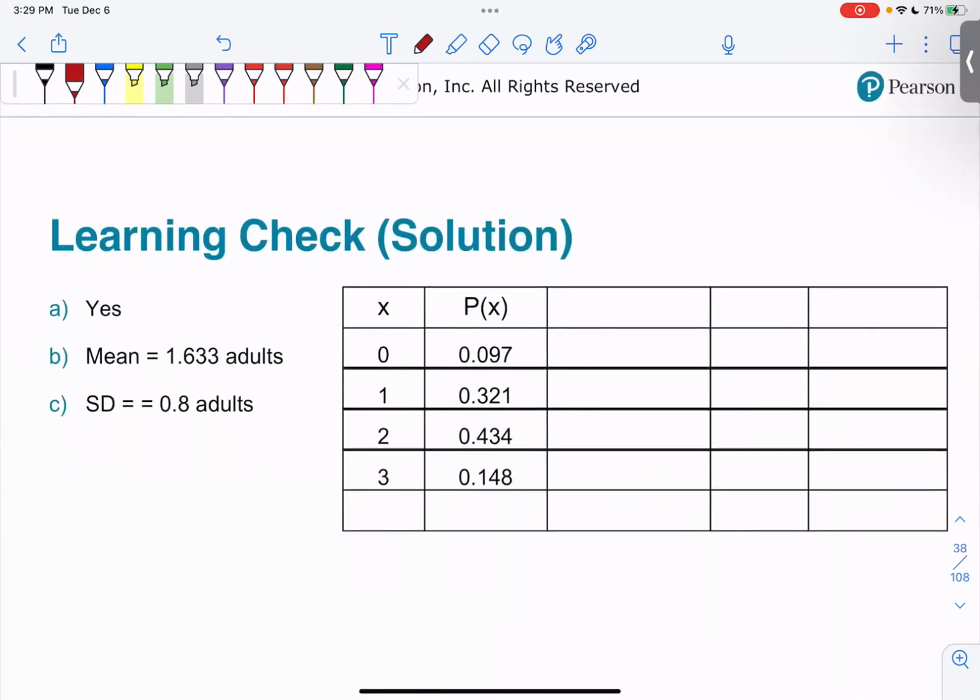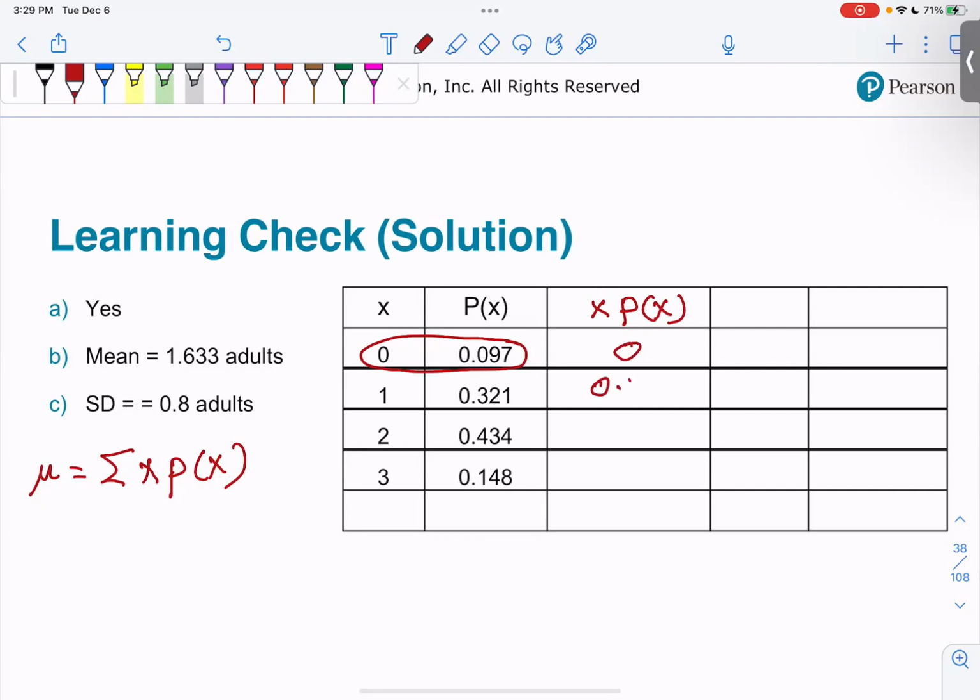Okay. And then how can we find the mean? Mu equal to what? Summation of x times the probability of x, right? So then you find x times the probability of x for each value. So for example, the first value will be 0 times 0.0. This will be 0, and this will be 2, 3, 2, 1.